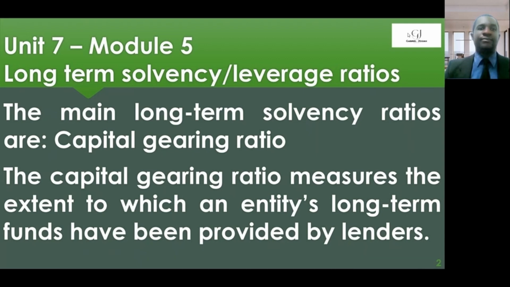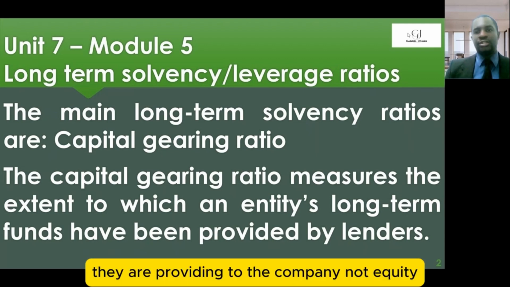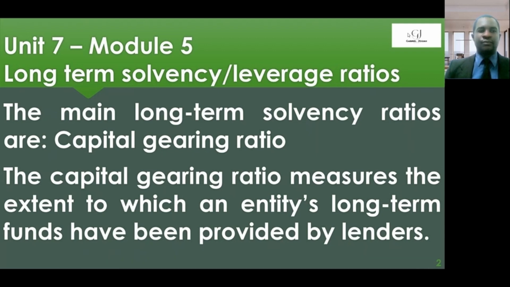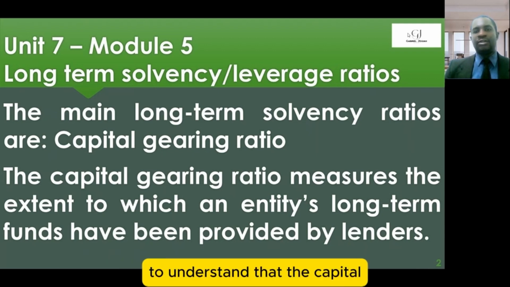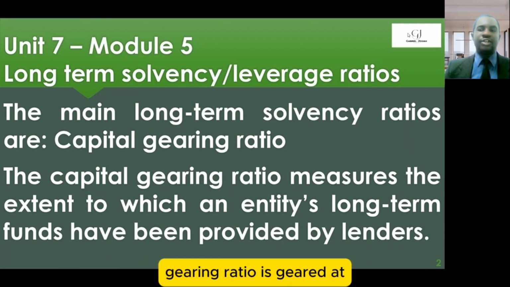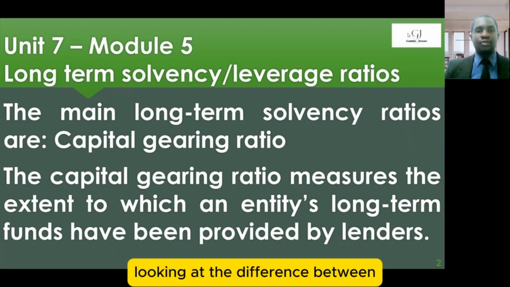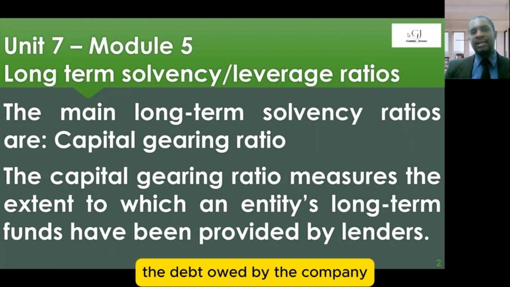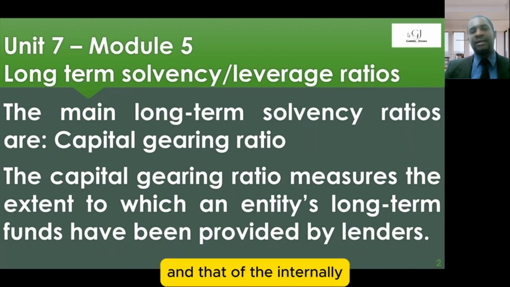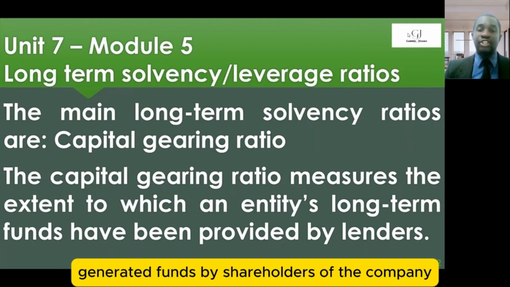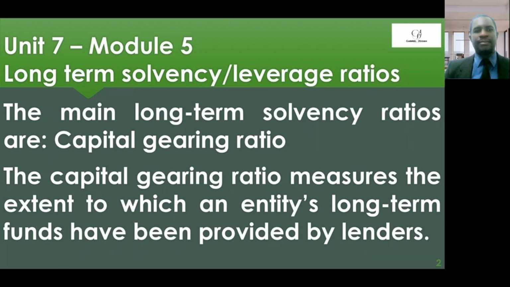It's debt they are providing to the company, not equity. So it's very important to understand that the capital gearing ratio looks at the difference between the debt owed by the company and the internally generated funds by shareholders of the company.